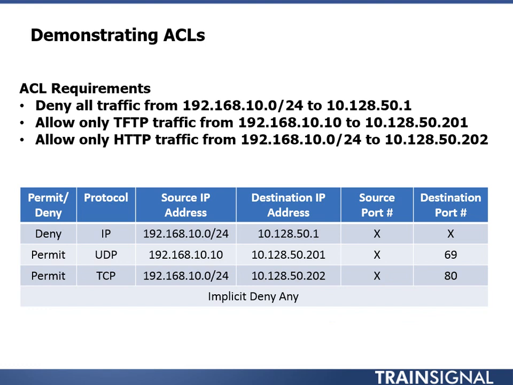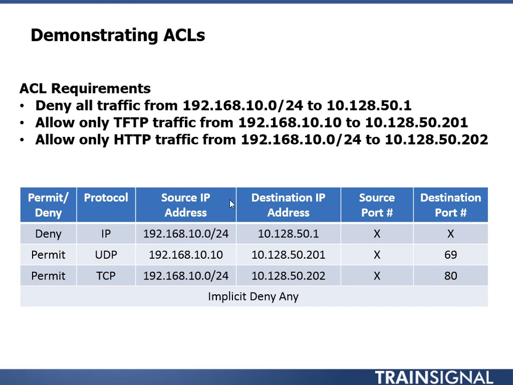As a packet comes into a device and is filtered by an access control list, the packet is compared to each line of the list in the order of the list. Once the packet finds a match, it takes the appropriate action, either permit or deny, and then the process of inspecting it against the access control list stops.